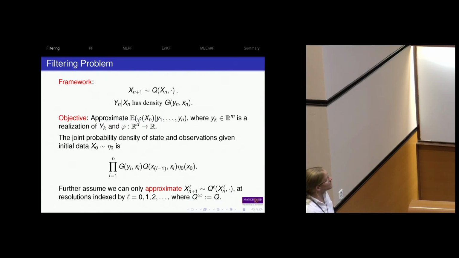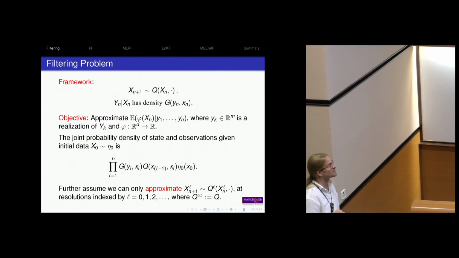And furthermore, in the context here today, we're going to further assume this additional difficulty, as we had in the previous talk, that we cannot sample this X_{n+1} even if we know X_n. We can only sample an approximation.